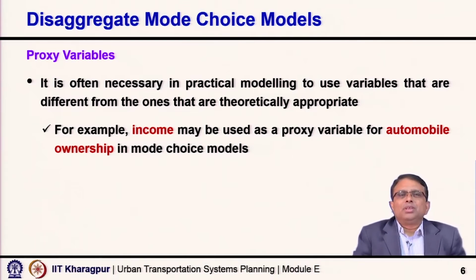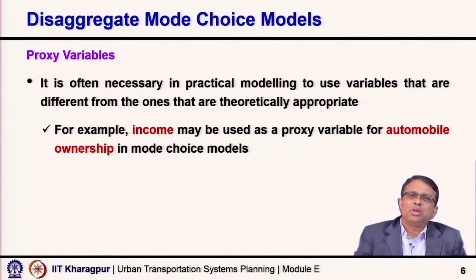Third, use of proxy variable. Sometimes we know that we should use this particular variable, but simply maybe the data is not available. So, you use another data which we call a proxy variable. So, for example, income may be used as a proxy variable for automobile ownership in mode choice model.